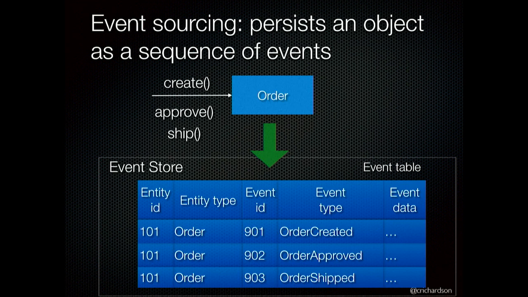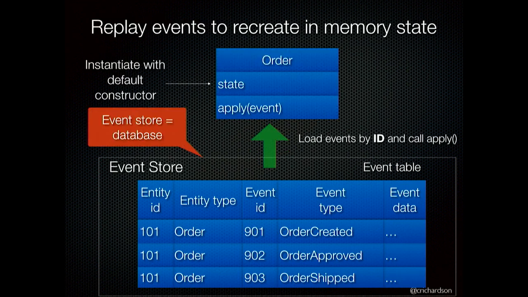When you want to recreate that order in memory, you query the database, you get the series of events, and you replay them. You can imagine there's an apply method on the domain object that takes an event and updates its state. This is very easy to think about in the context of a bank account where you've got credit and debit events that just adjust the current balance.